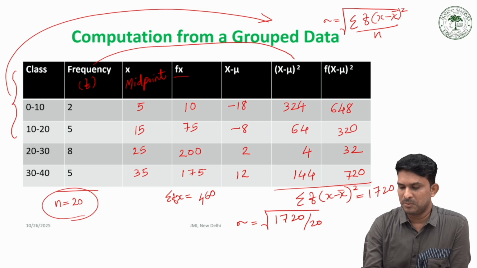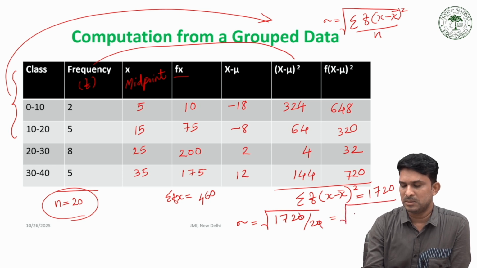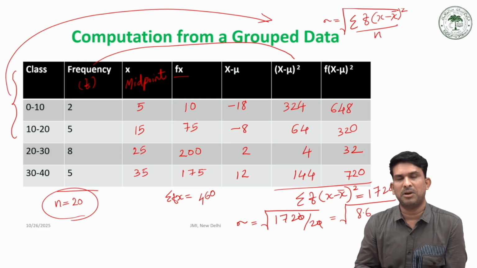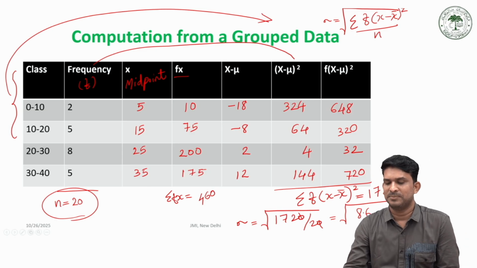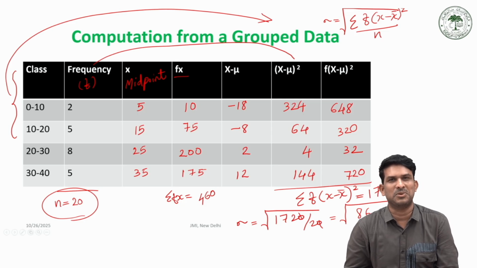So the value is 86. Square root of 86. Find out what is the value of square root of 86. It's your turn now.